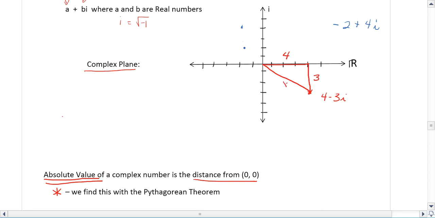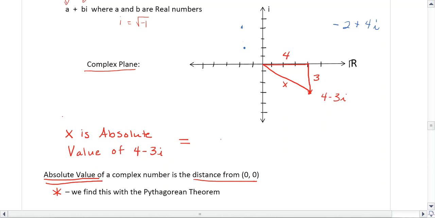And then we're asked to find x, being the absolute value of 4 minus 3i. And I hope you noticed that I was ignoring the -3 here because it is a distance.